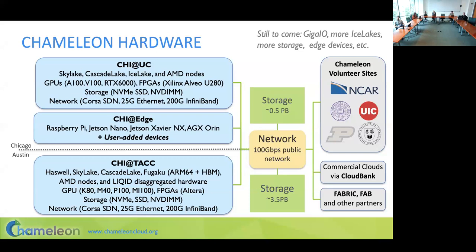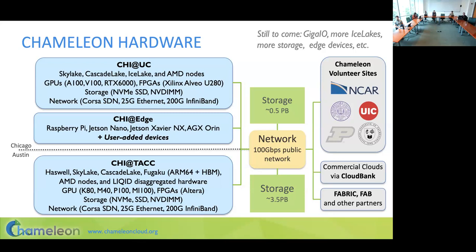So maybe they use our GPU resources for training some inference models that they later on run on their edge device. So we support that functionality as well. But if you're just interested in experimenting with the edge devices, we've got a bunch of Raspberry Pis and Nanos that you could start using right away without needing to have your own.